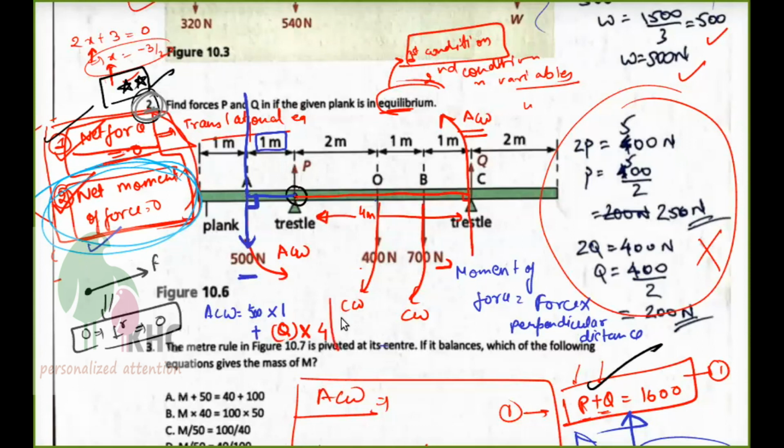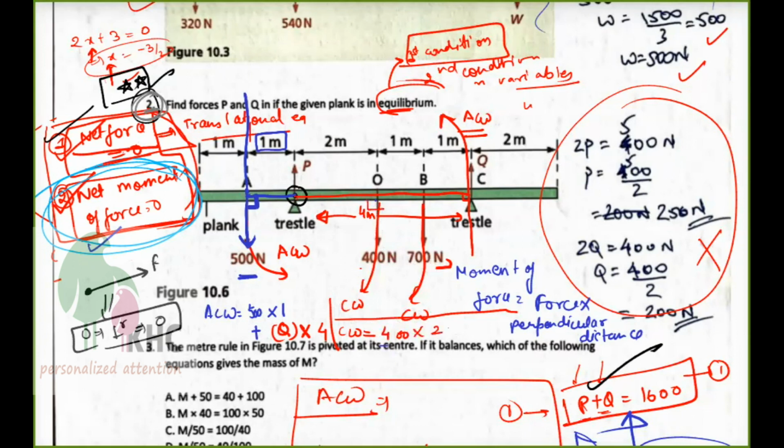And what about the clockwise equation? What are all the moments of forces in the clockwise direction? 400 and 700. 400 is the force, and what's its perpendicular distance from P? 2 meters.